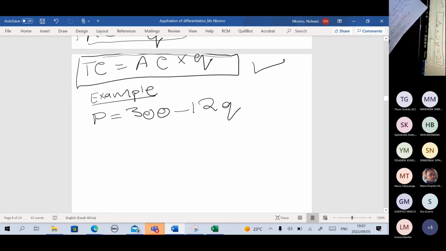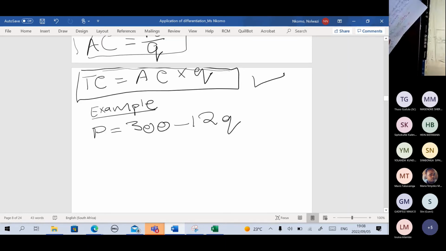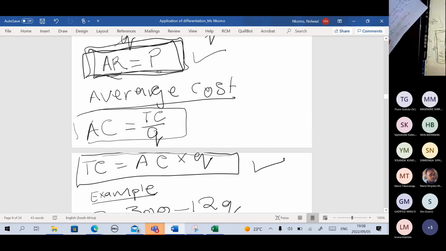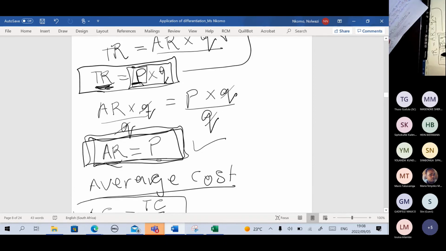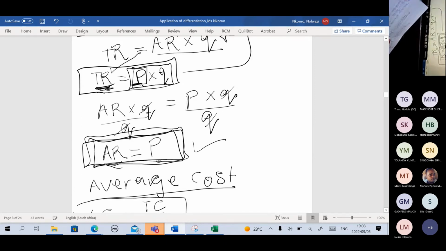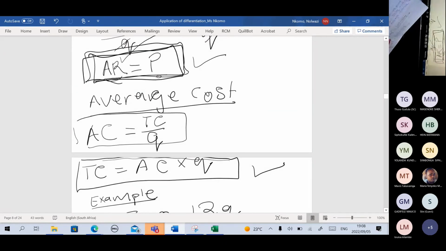If we are given a demand function, we can find the total revenue, we can find the average revenue, we can find the average cost or the total cost, right?